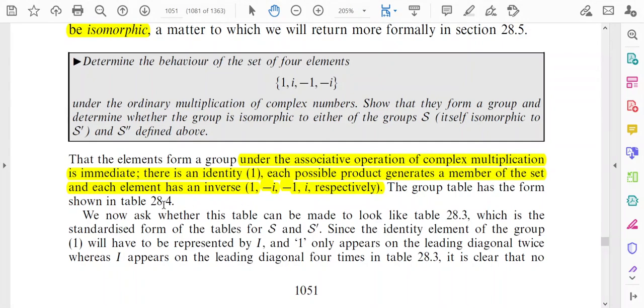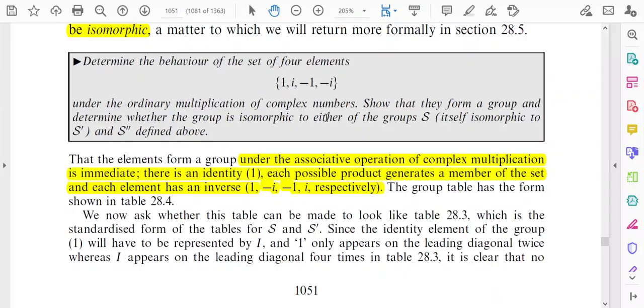That means the set is closed and each element has an inverse. For example, the inverse of 1 is 1, the inverse of i is minus i, the inverse of minus 1 is minus 1, and the inverse of minus i is i. So an inverse exists for each of the elements. So this particular set follows all the criteria for forming a group. So this set forms a group under ordinary multiplication of complex numbers.